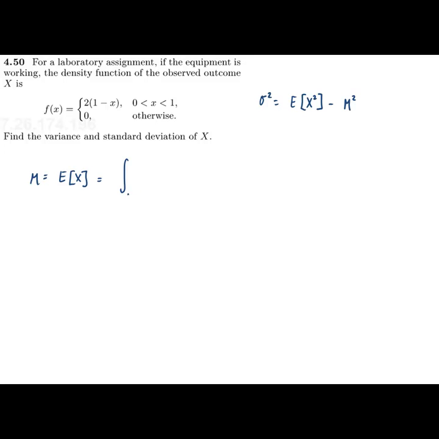In this case, the formula is the integral from minus infinity to infinity of x times f of x dx. Okay, so that's the general formula. Now we're going to apply that formula to this problem. So you have the integration from 0 to 1 of x times 2 times (1 minus x) dx.